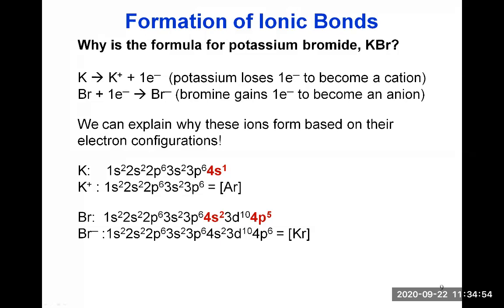So bromine is closer to krypton. By gaining 1 more electron in its 4p orbitals and becoming 4p6, it has the same electron configuration as krypton, because bromine has 35 electrons, but by gaining 1 more electron, it gets 36 electrons, and that's the number of electrons of krypton. So Br- has the same electron configuration as krypton, and that makes it much more stable.